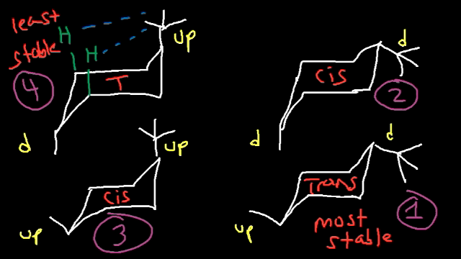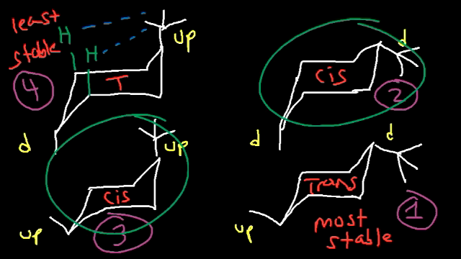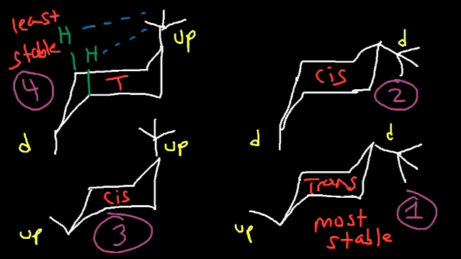Sometimes you might get a question asking which is the most stable conformation for, let's say, cis-1-tert-butyl-4-methylcyclohexane. You're comparing only these two because these are the cis isomers. Therefore, this one is more stable because the bulkier group is in the equatorial position.